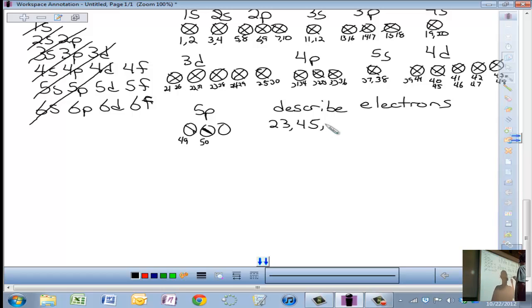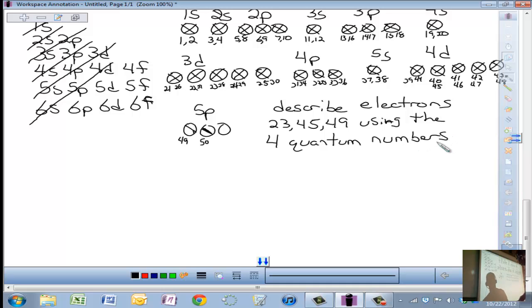Let's go 49, using the 4 quantum numbers. Okay, I'm going to change colors here. So, we've got electron 23, 45, and 49. And here's what I'm going to want. I'm going to want you to describe n, l, m, and s for those.